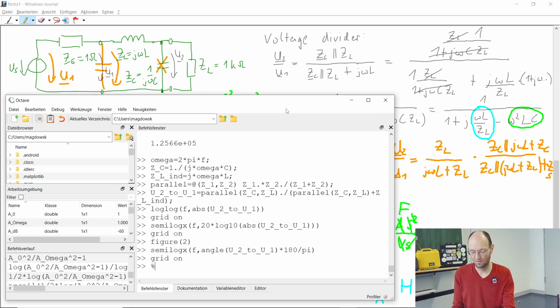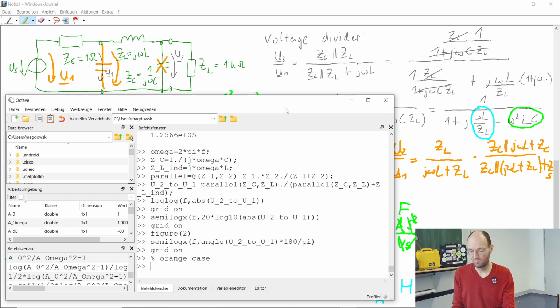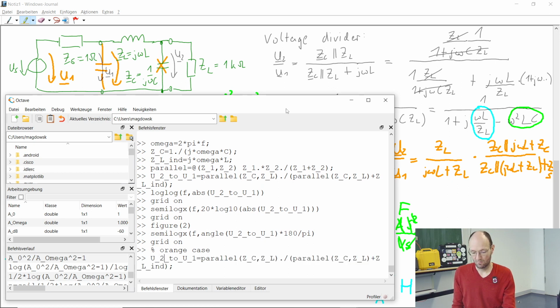So the orange case means... I think this does not help me too much. This Octave prompt sometimes is not as convenient as in MATLAB.